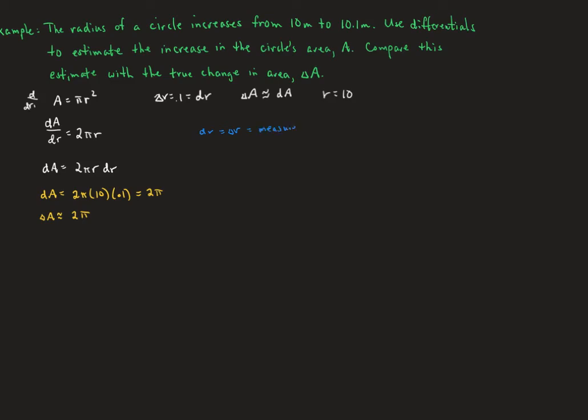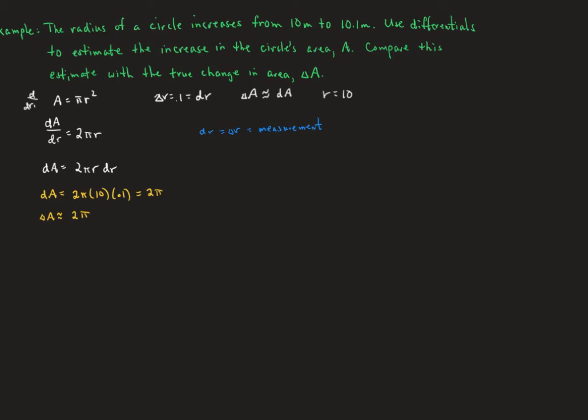So we were trying to measure a circle, and maybe it was actually 10 and we measured it as 10.1, or it was actually 10.1 and we measured it as 10. But our ability to measure it precisely, because of whatever instruments, was not exact.